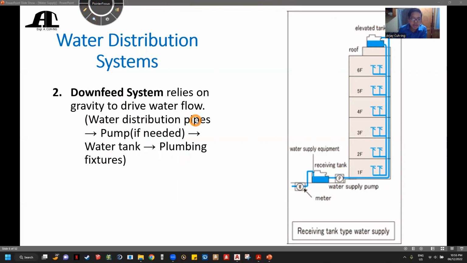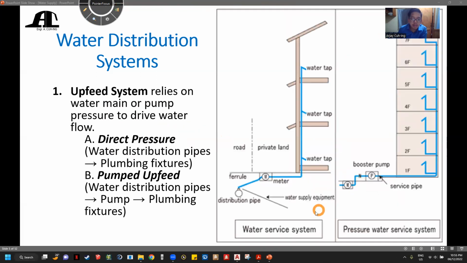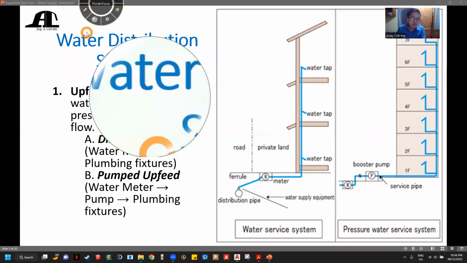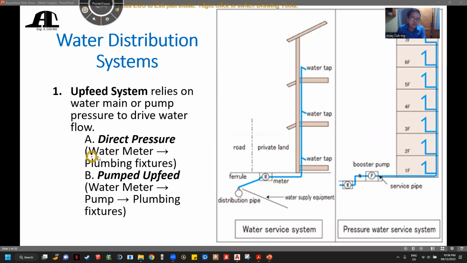Let's just say class, it starts from the water meter, because technically the water meter represents our water district. To avoid confusion, let's just change this into the water meter, for the sole purpose that the water meter represents the water district itself.